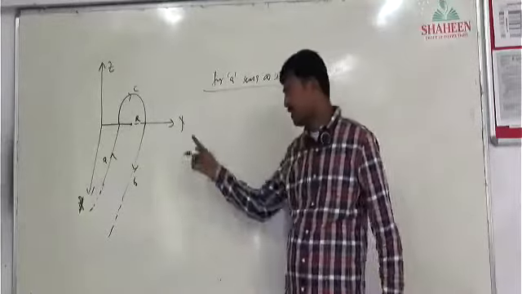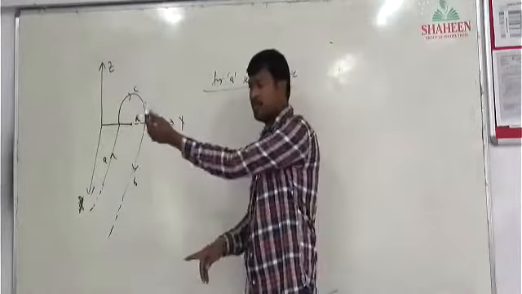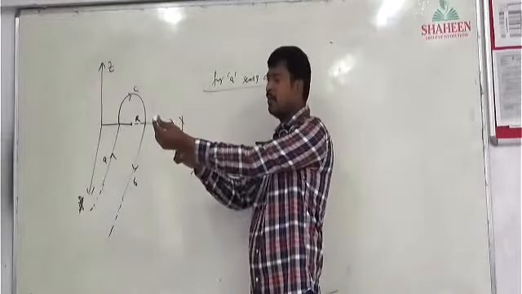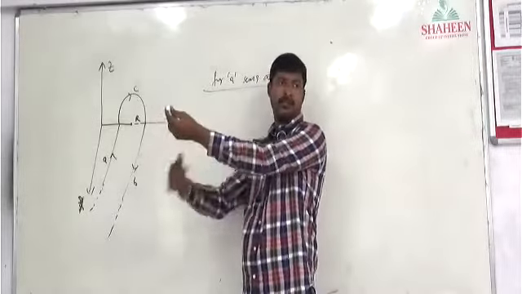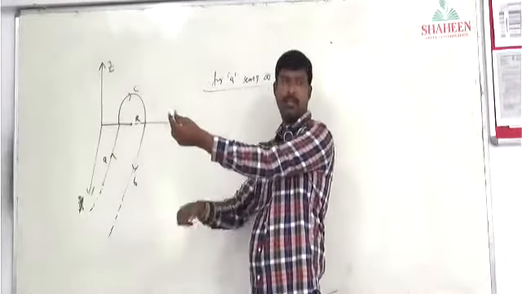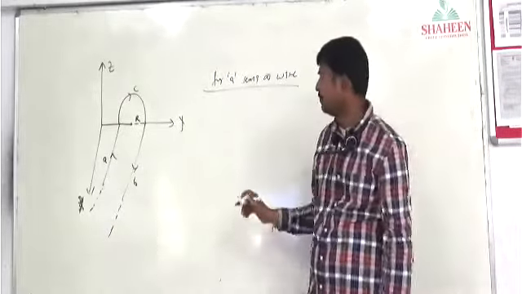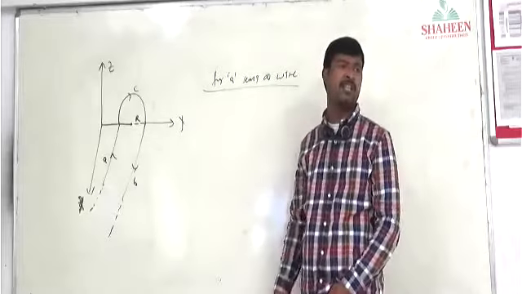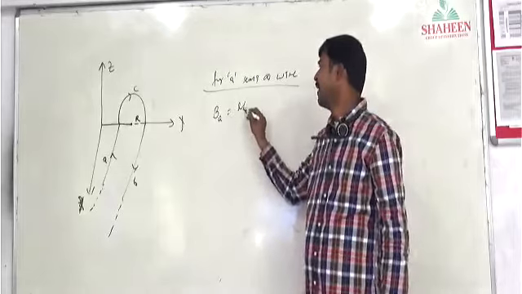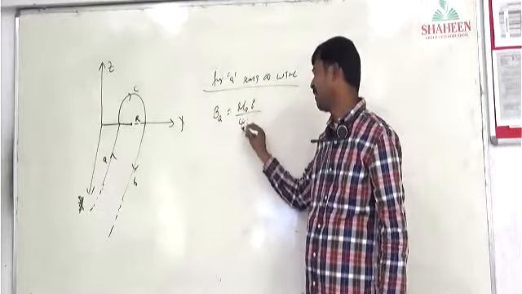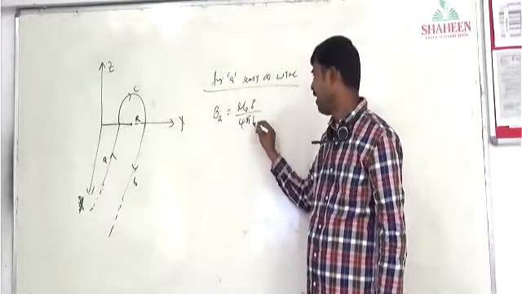Just now I said the direction, current flowing like this. At this point, the magnetic field will come inward, along negative Z. The semi-infinite wire magnetic field is what? Mu naught I by 4 pi r directly. Which direction?